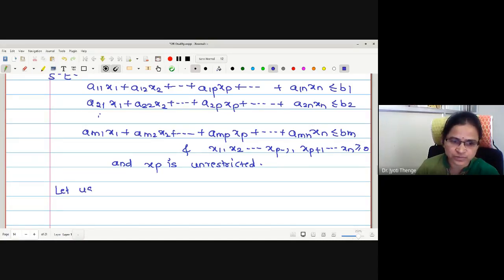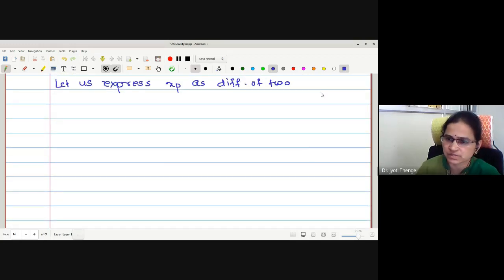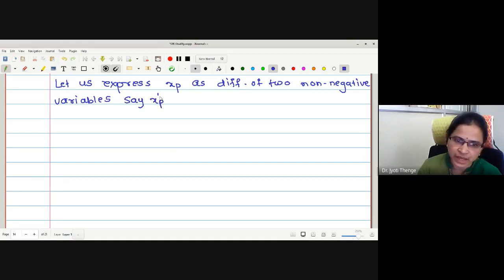Let us express xp as a difference of two non-negative variables, say xp dash and xp double dash. That is, let me put the value of xp as xp dash minus xp double dash.